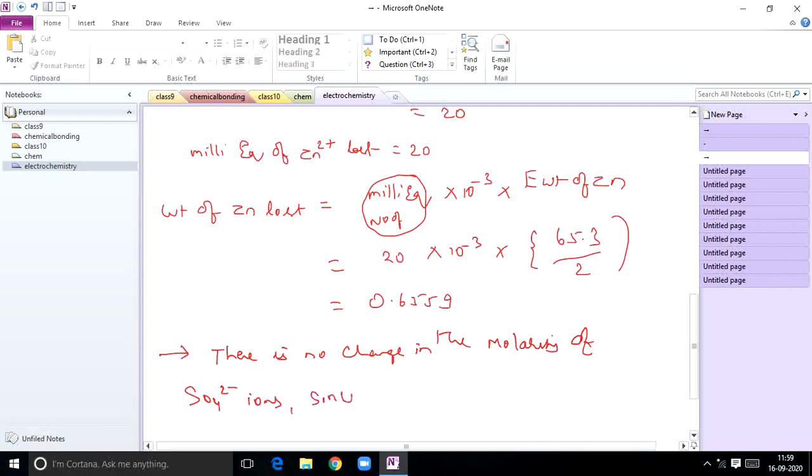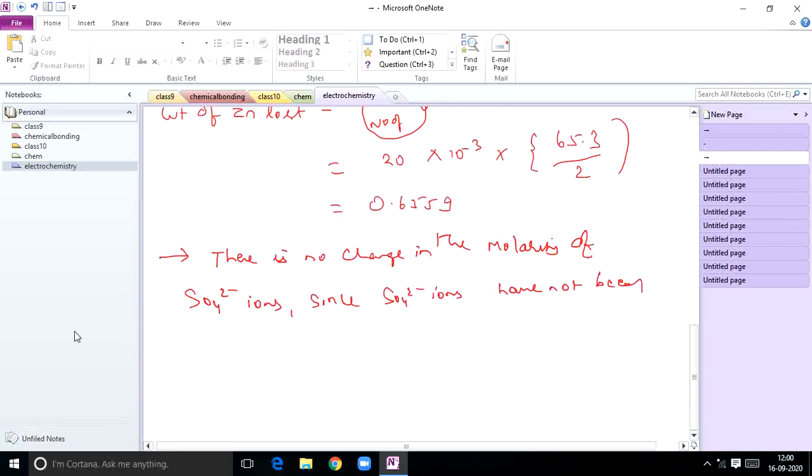Since sulfate ions have not been oxidized. Sulfate ions have not been oxidized. And there is no change in the volume of the solution.